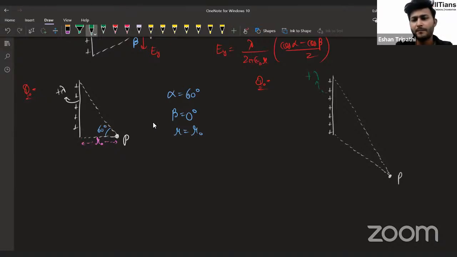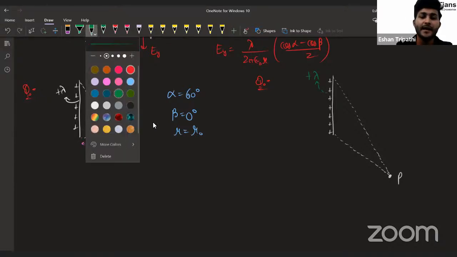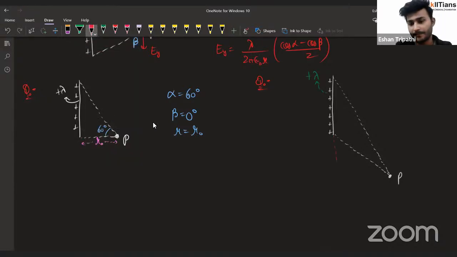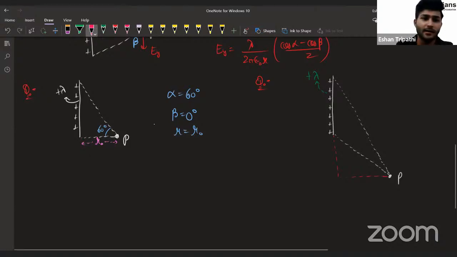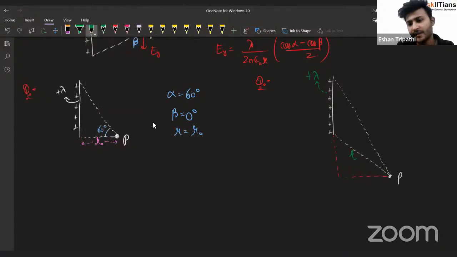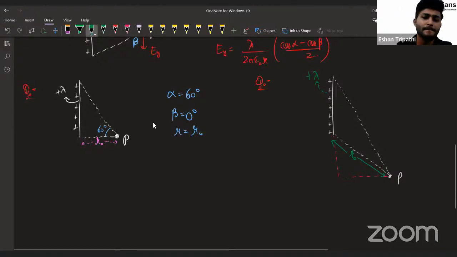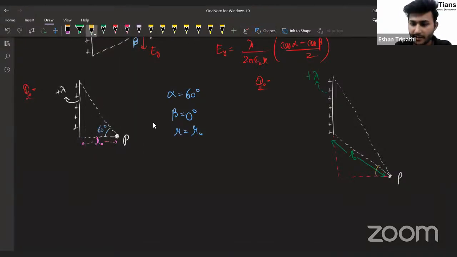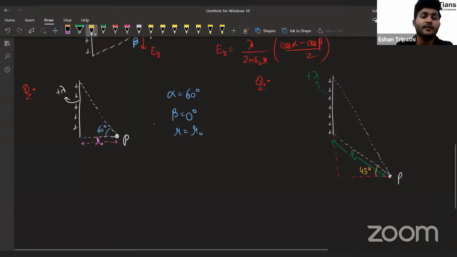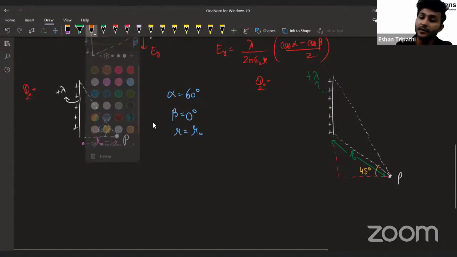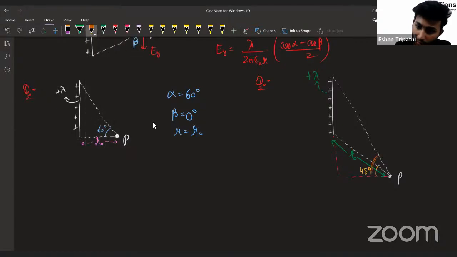It's given to be plus lambda. The distance between this wire and this point P is given as R naught. This angle is 45 degrees, and the angle at the top is this one. Total angle is 60 degrees. So what's the value of angle alpha, angle beta, and the distance?